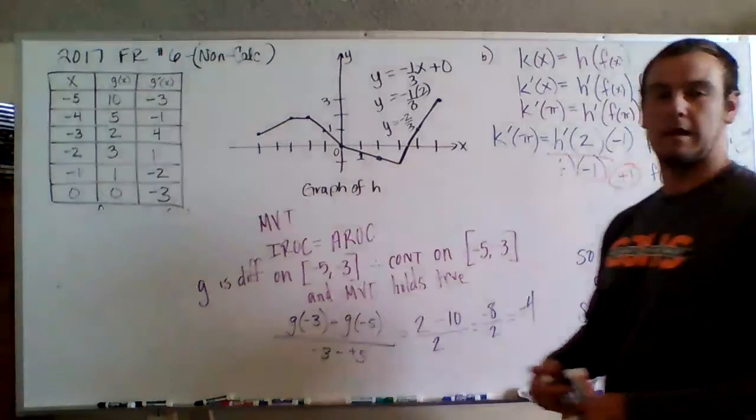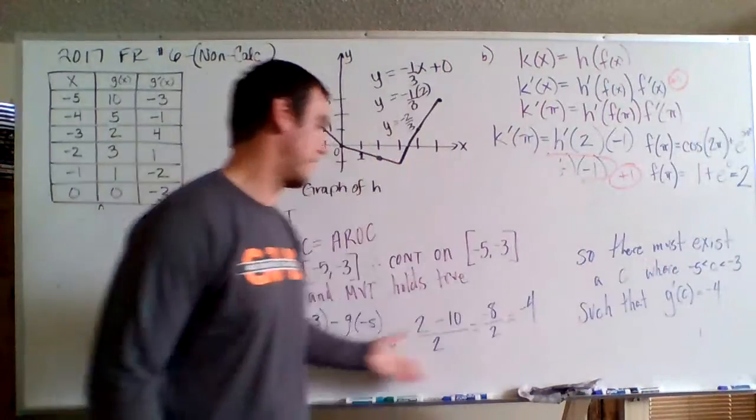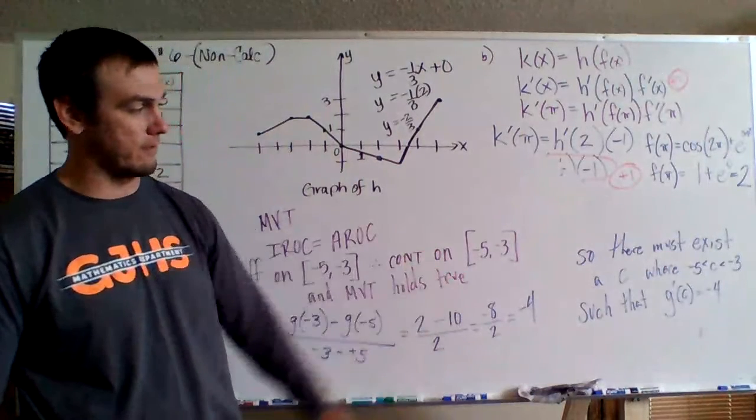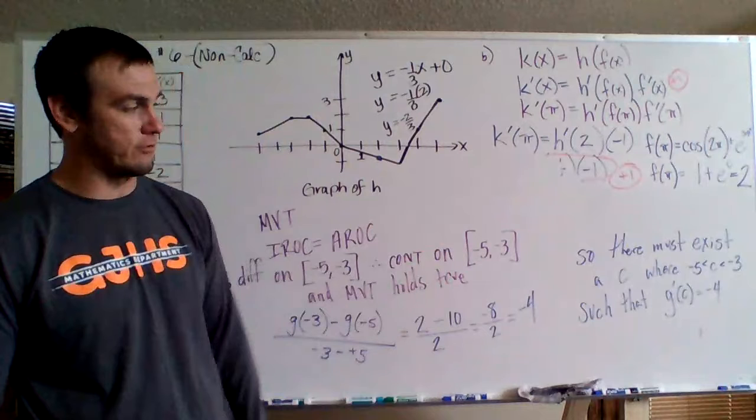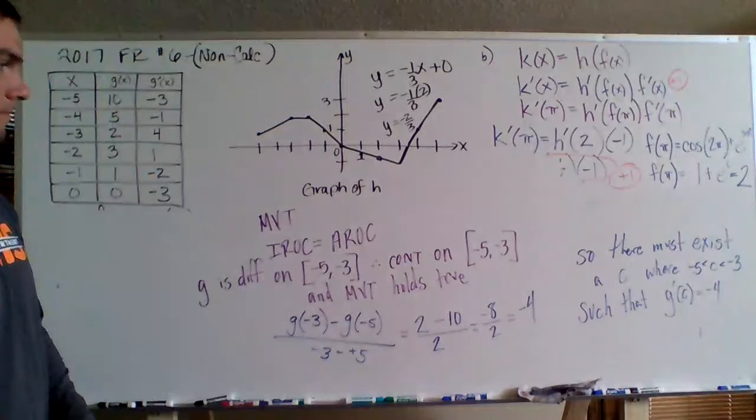Okay, so all we're really saying here is, there must exist a C on that interval where the derivative of G is going to give you that -4. All right. Or the line will equal the slope of the tangent line.